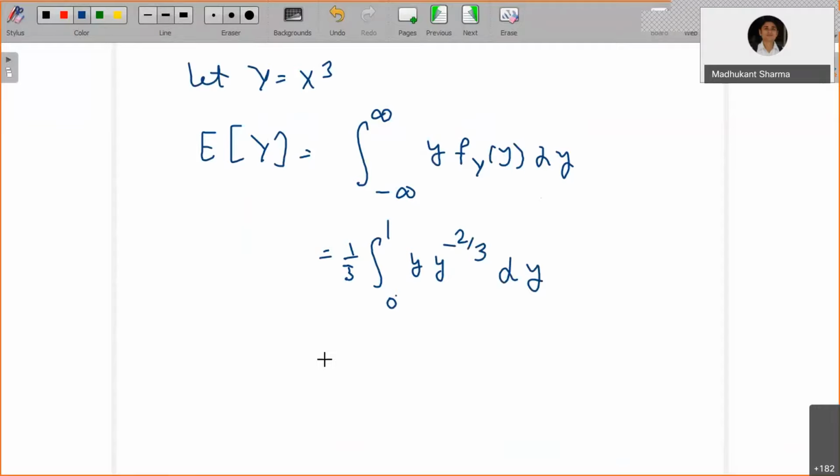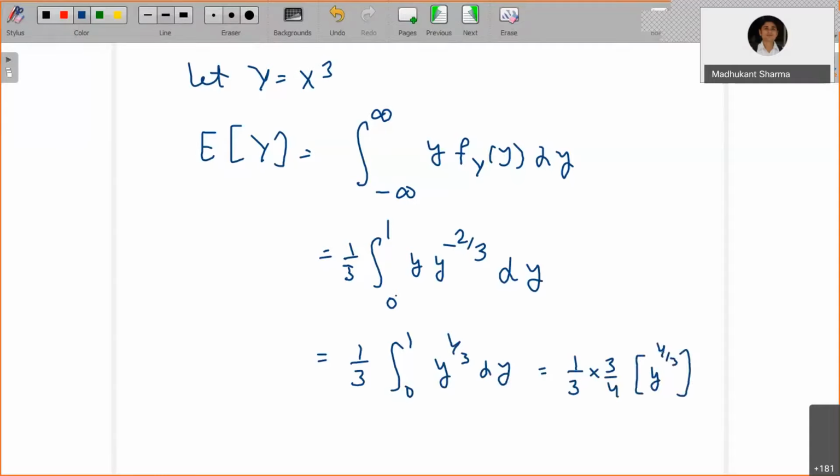So this is going to be 1 by 3 times the integration from 0 to 1 of y to the power 1 by 3 dy. If you integrate it, that is going to be 1 by 3 times 3 by 4 times y to the power 4 by 3 from 0 to 1, so that's going to be 1 by 4.